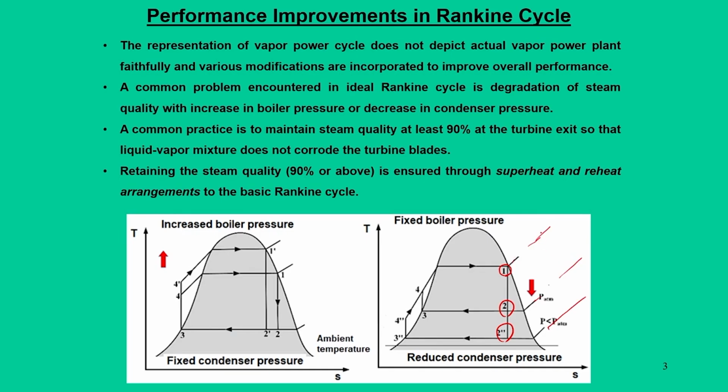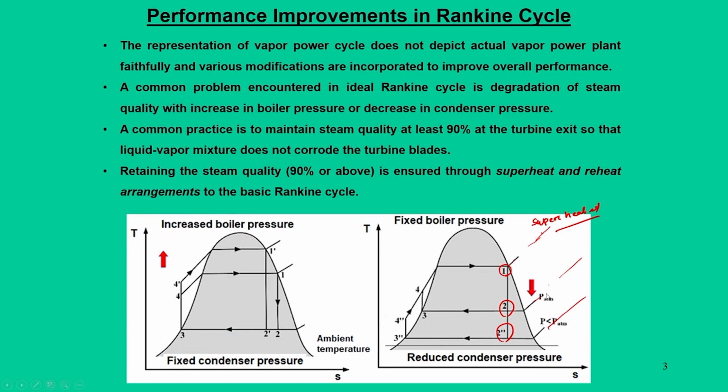That means it should be pushed up to the superheated region. When it is a superheated region, the advantage we get is that after expansion the quality of the steam always remains in the vapor region.